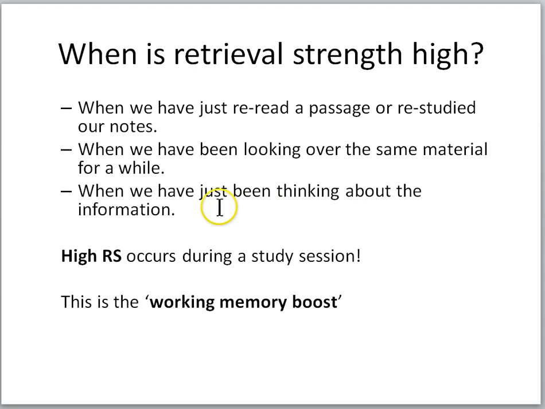Or when we've just been thinking about the information. So high retrieval strength occurs during a study session. Whenever we're studying, we are loading up information into our working memory system, we're going to be enjoying high retrieval strength for that information, and we're calling this the working memory boost.